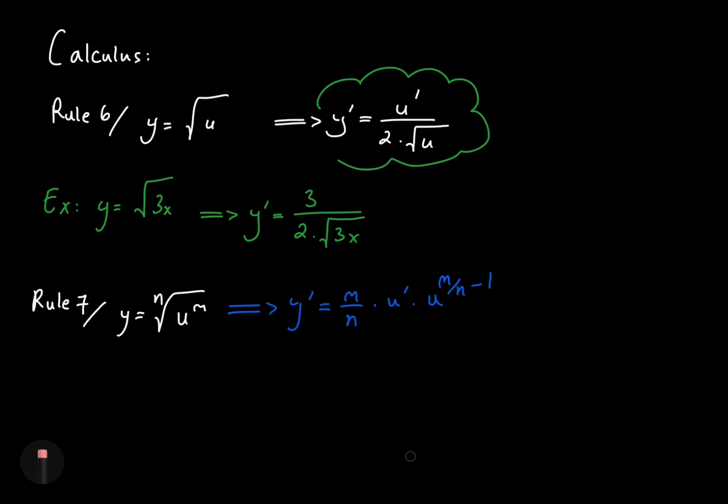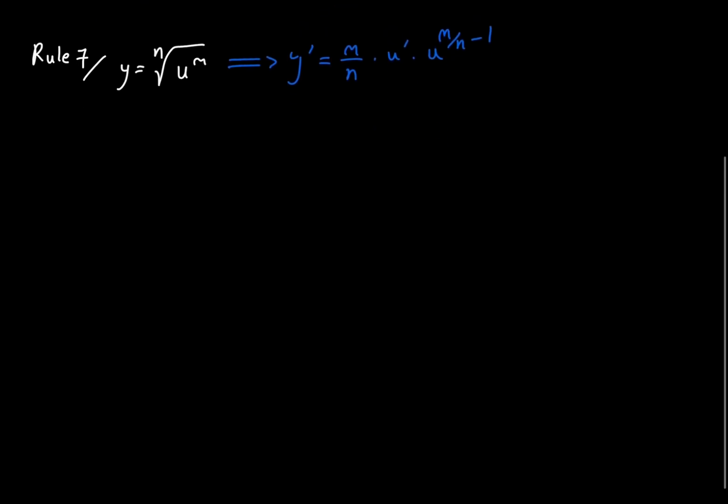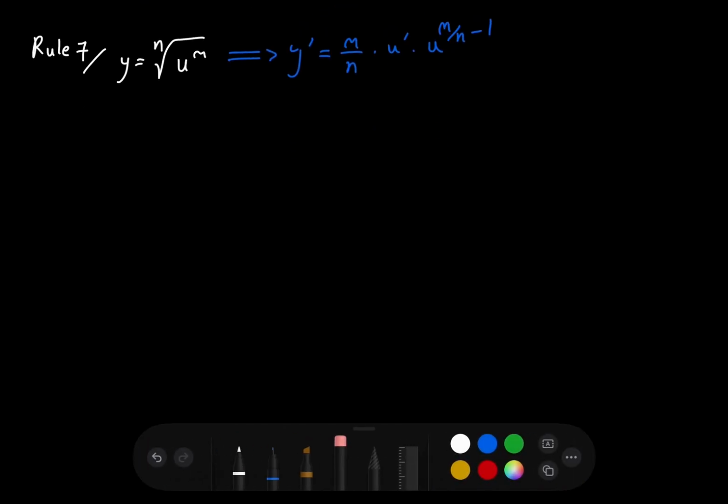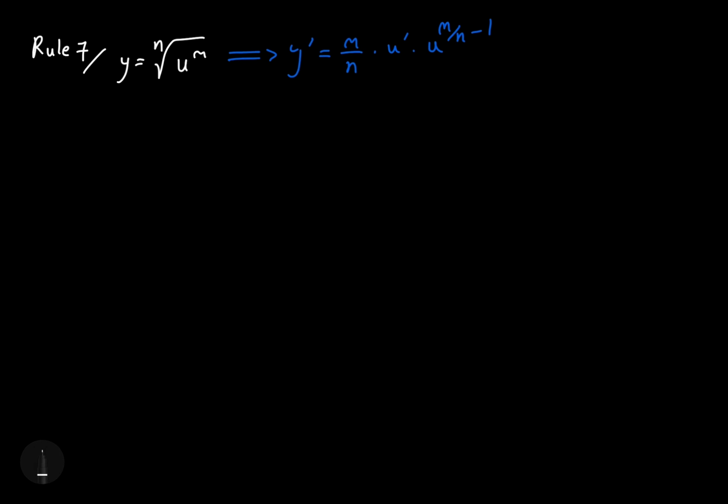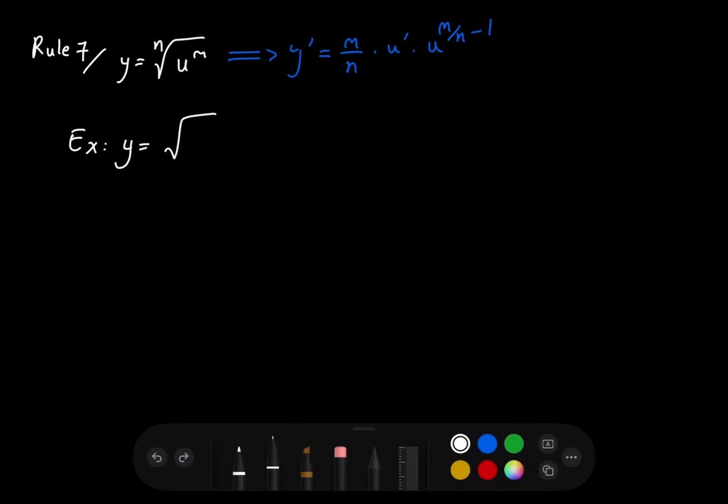So let's go ahead and take a look at an example based on this. For example, you can have y equals the cube root of x squared plus 3, raised to the power of 2. So here, y prime is simply going to be m over n, so 2 over 3, multiplied by the derivative of the inside, whatever u is, which is x squared plus 3 in this scenario.